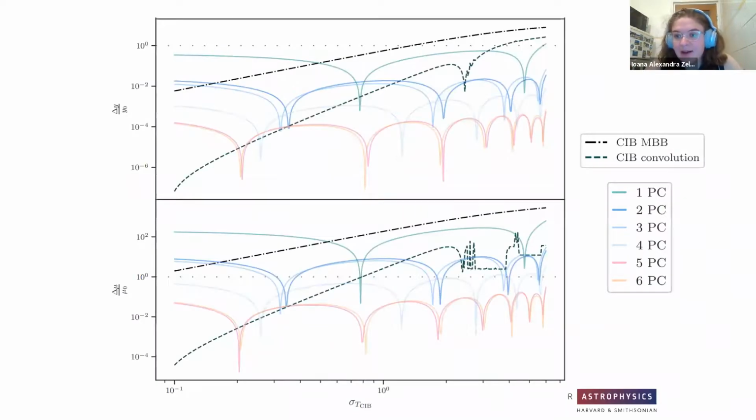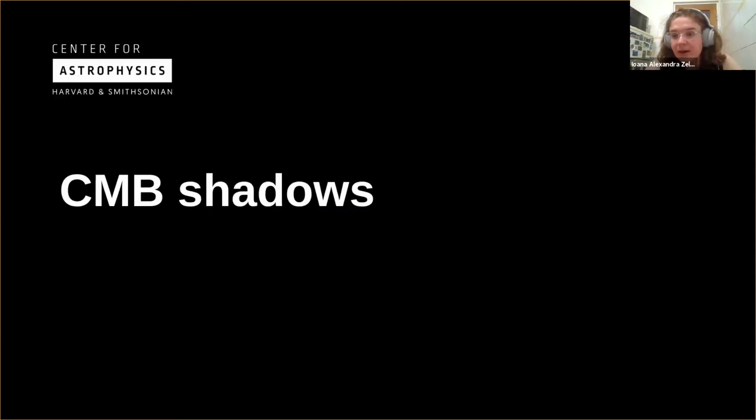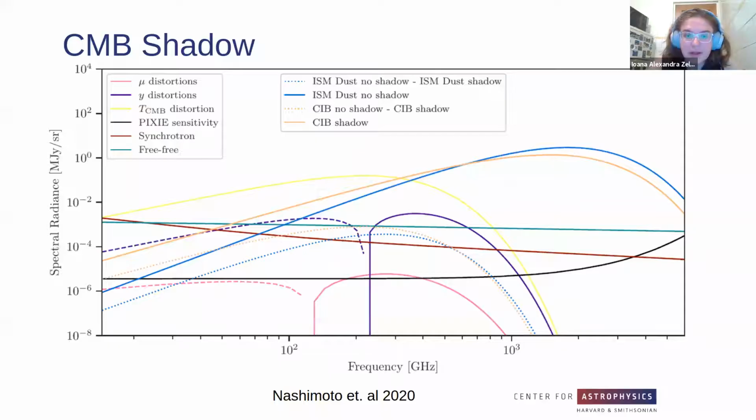Bottom line is the cosmic infrared background is very complicated as well because it's caused by overlapping of dust properties from different redshifts, and it should also have a data set that would characterize it better.